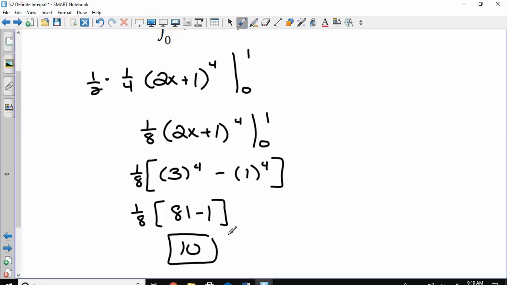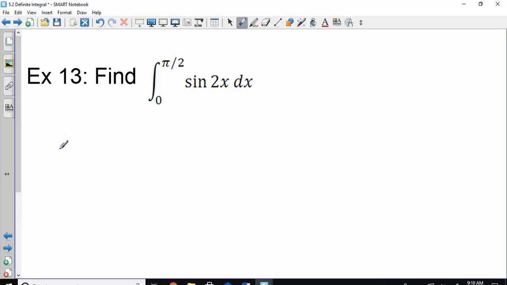Alright, I'd like to do a few more of these. Antiderivative of sine is negative cosine.